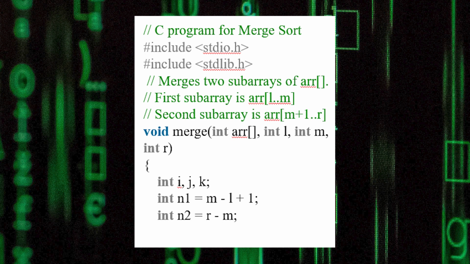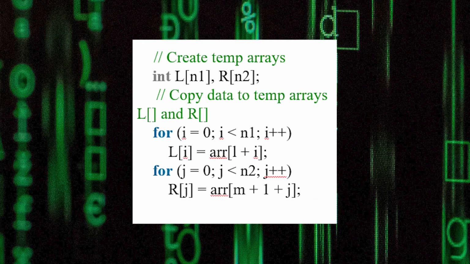Here these variables are defined and the values are initialized, and we have created temporary arrays, and copy the data to the temporary arrays L and R. These temporary arrays are important because at the time of swapping, comparison, and creating an array, the information can be stored in L and R.